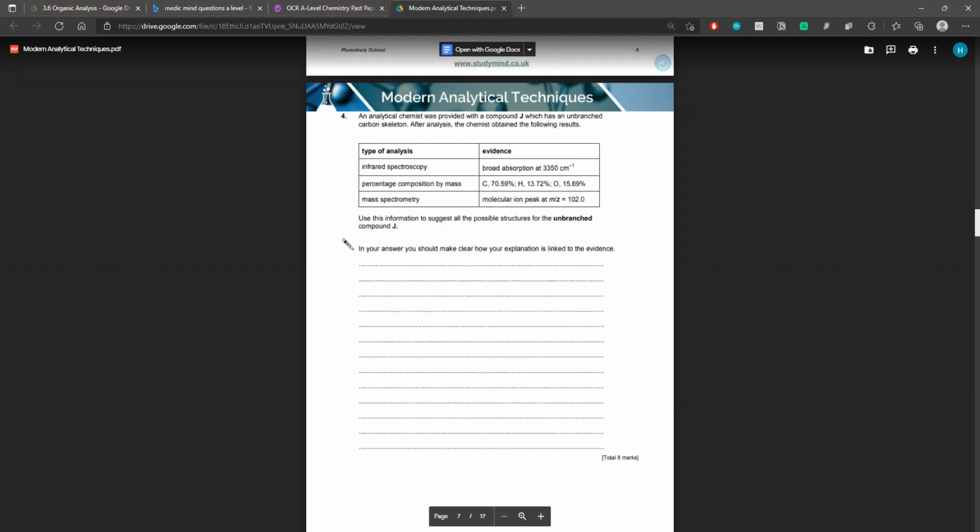So this is a sick 8 marker, so I want you to properly deduce these step by step.